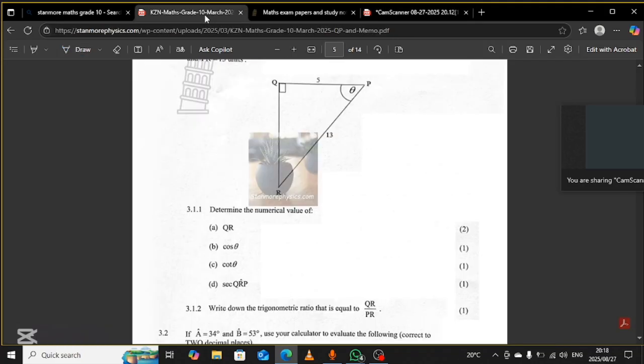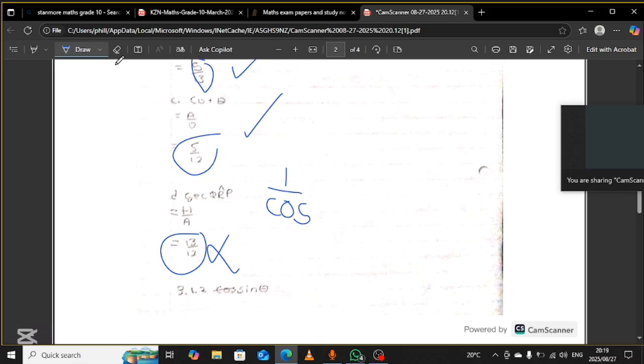The reciprocal of cos. So remember, cos of this angle is 12 over 13, right? So it's going to be 13 over 12. Yeah, you got it correct. You're right, sorry, you're actually correct there.